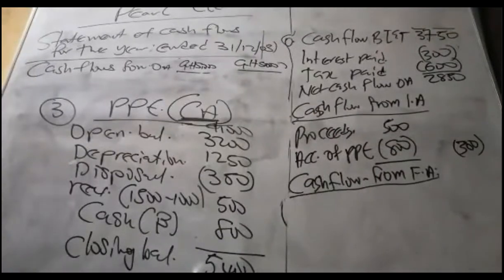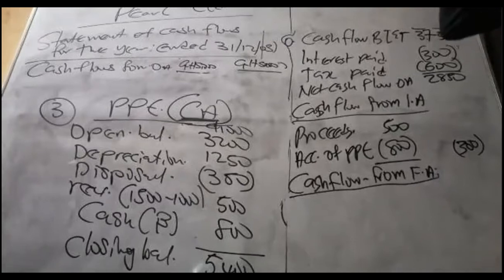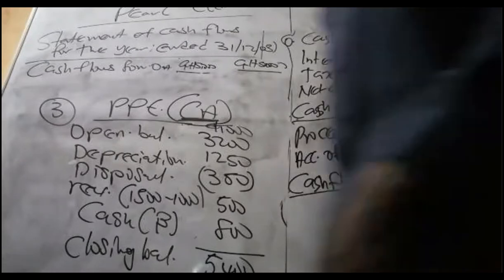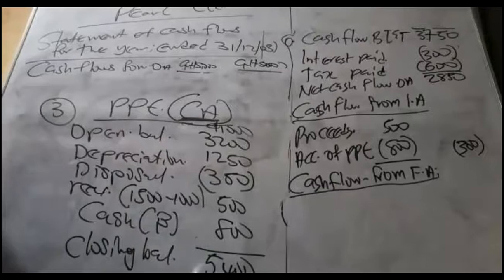Okay, cash flow from financing activities, you are looking for only two items. Check the equity and check the debt, the non-current liabilities, whether they are increasing or decreasing. That's all. Any movement, record it. So first of all, let's check the equity and be sure that equity is not increasing.